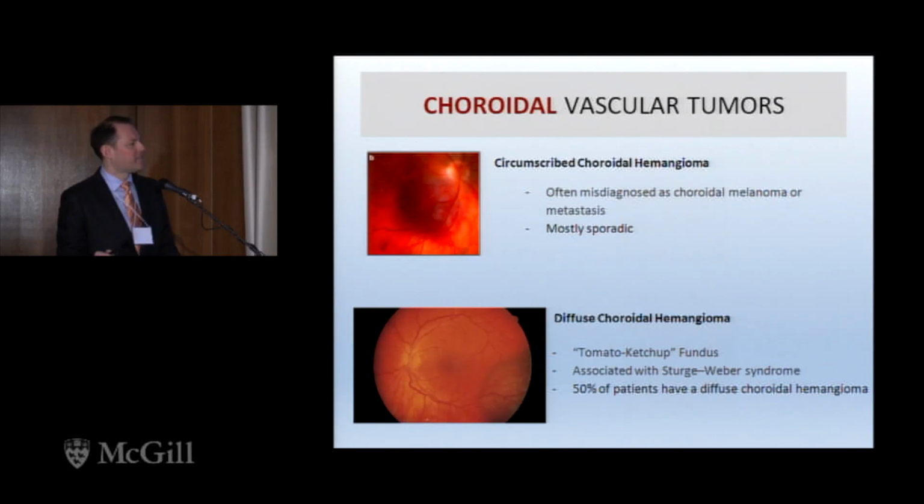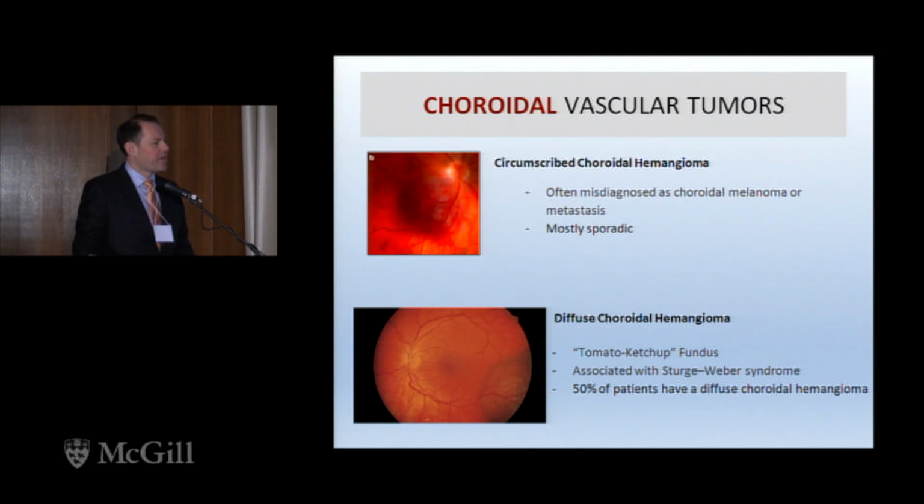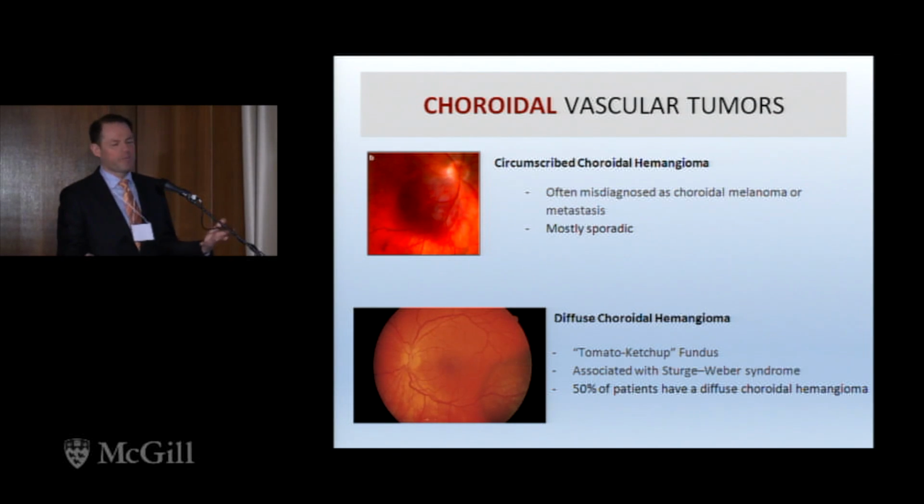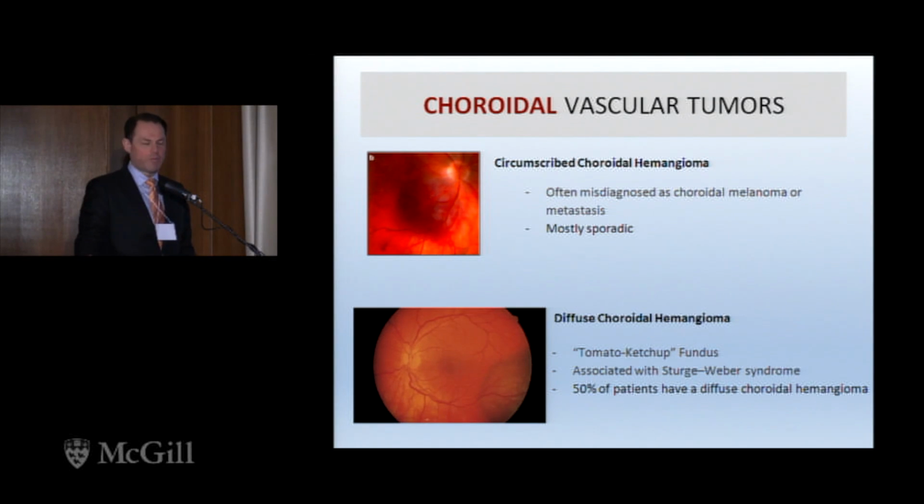Within the choroid, we talk about choroidal hemangiomas, and again, these are subdivided into both circumscribed and diffuse choroidal hemangiomas. With the circumscribed, we see this as a smooth dome-shaped lesion for the most part, reddish-orange in color, which tend to be more in the posterior pole. And oftentimes we'll find associated findings such as subretinal fluid, exudation, but these tend to be mostly sporadic and not linked to any systemic disorders.